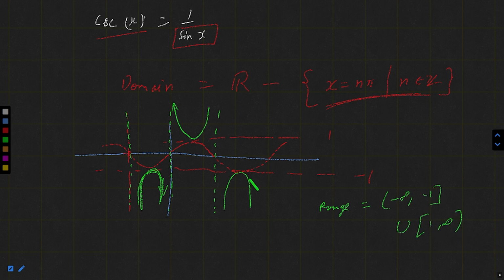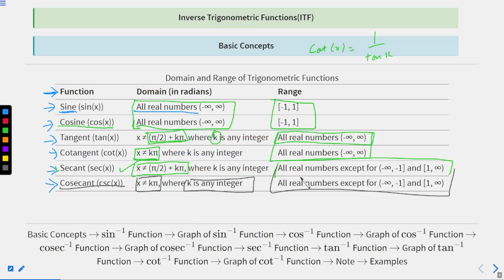That's why the range is written as minus infinity to -1 and 1 to infinity. These points are included in the range set. So that's it for these 6 functions about domain and range.